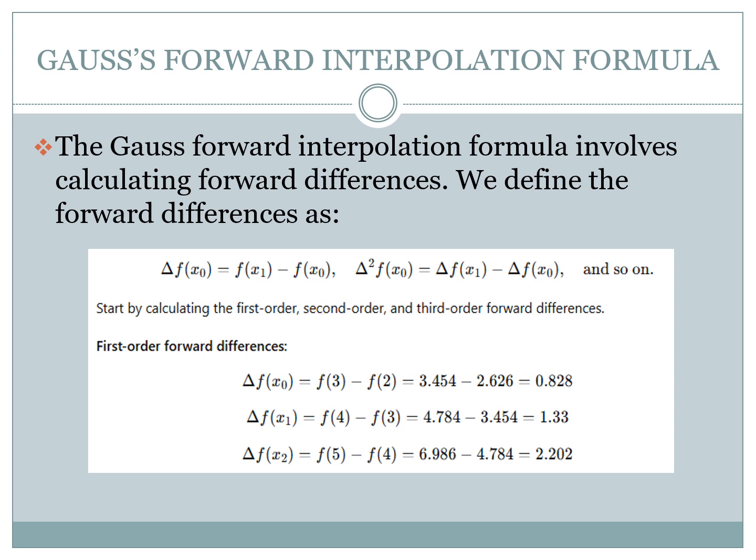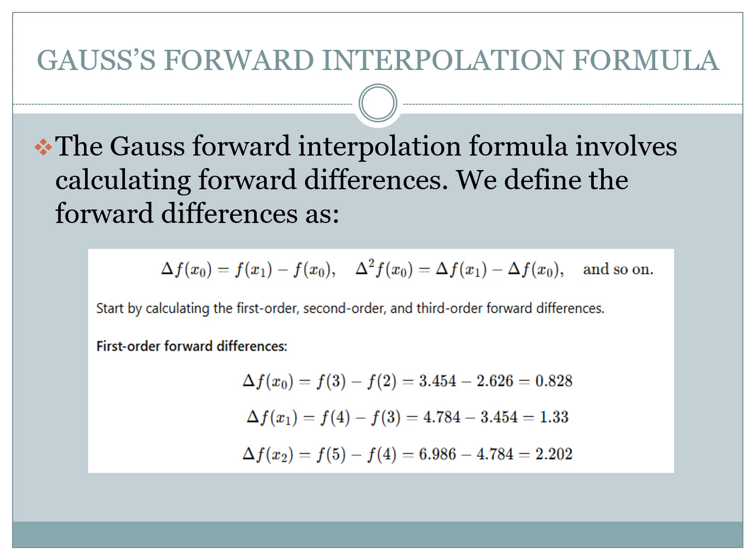Start by calculating the first order, second order and third order forward differences. The formula for first order forward difference is delta f of x0 is equal to f of x1 minus f of x0. First, we have to calculate delta f of x0.